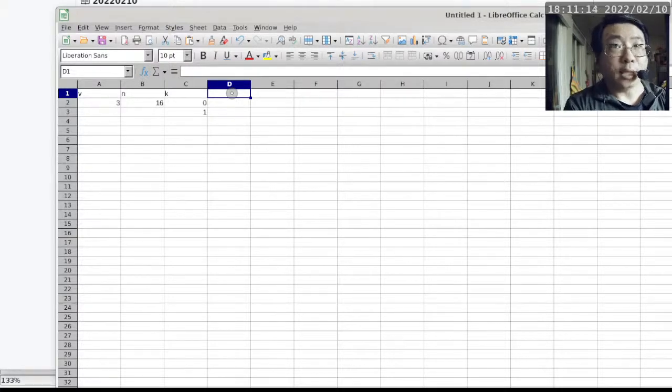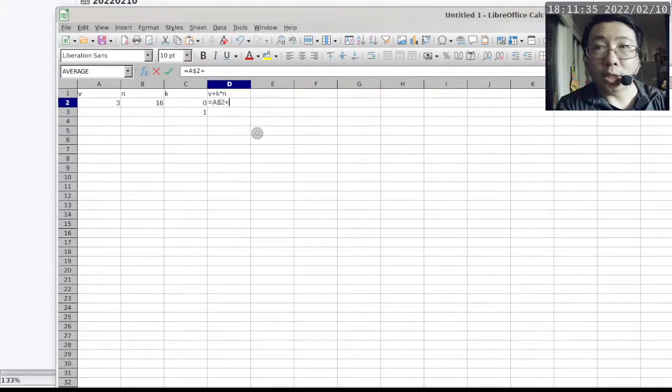Now I can write the term here, which is v plus k times n. That is pretty easy to figure out, because using a spreadsheet we can just refer to $2 plus k is C2, and then n is $2.